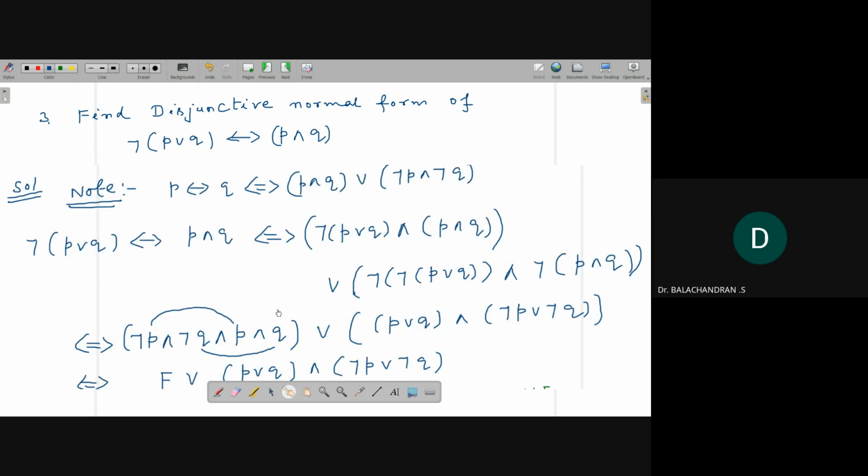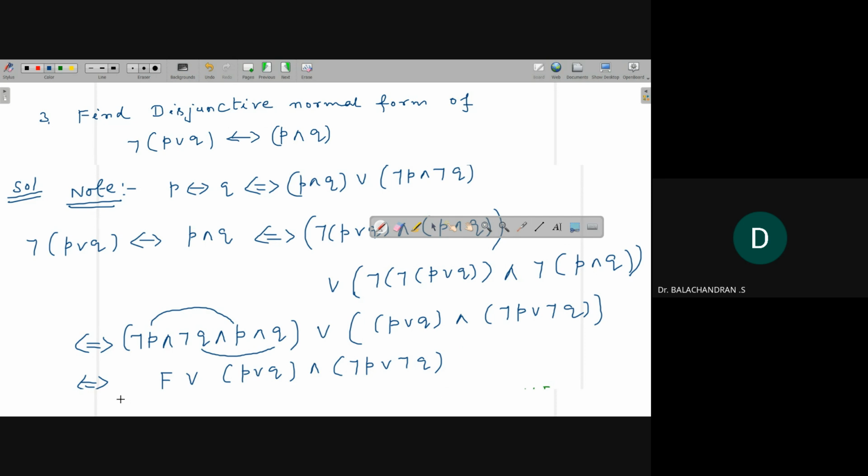Same idea. That's why I don't want to waste our time. So P by conditional Q is equivalent to P and Q or negation P and negation Q. If you apply this result here, up to this you have the same thing. The next step is a little bit different.